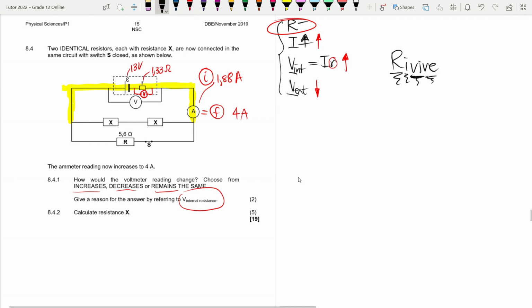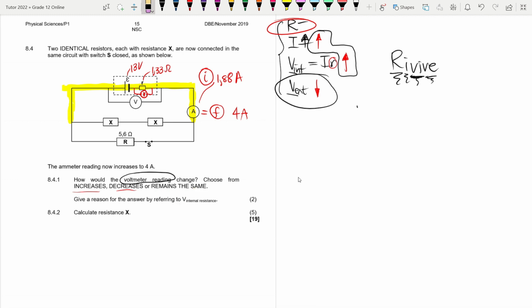So your reason is basically, when current increases, I've already mentioned it, so I won't write it in words. When current increases, internal resistance voltage is going to increase. This is why the external voltage, or the reading on the voltmeter, is going to decrease.